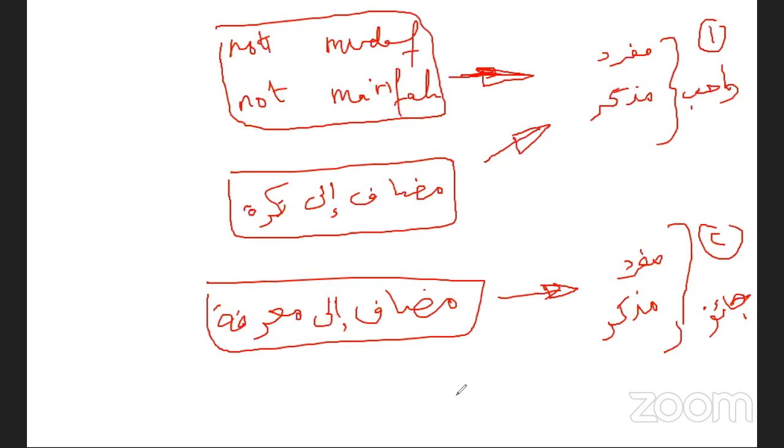And the last situation is when the ism tafdil has alif and lam.